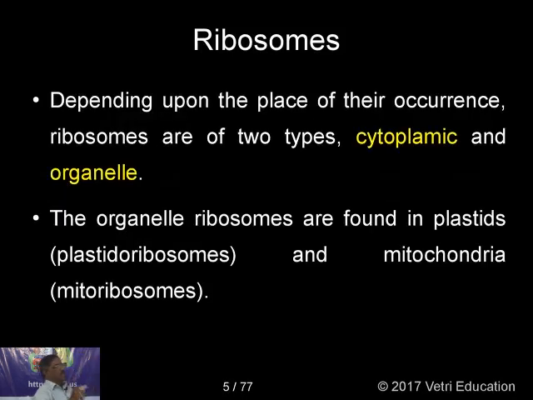Depending upon the place of their occurrence, ribosomes are of two types: cytoplasmic and organelle. The organelle ribosomes are found in plastids, called plastidoribosomes, and in mitochondria, mitoribosomes.